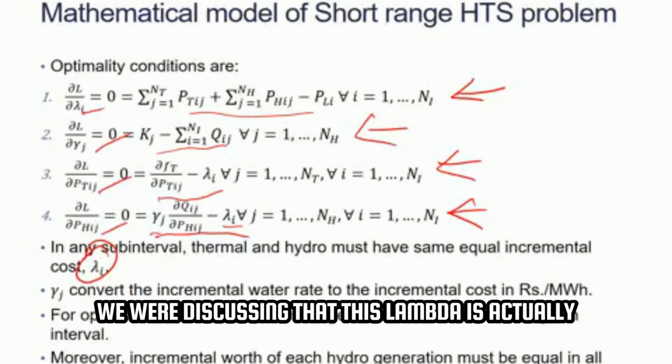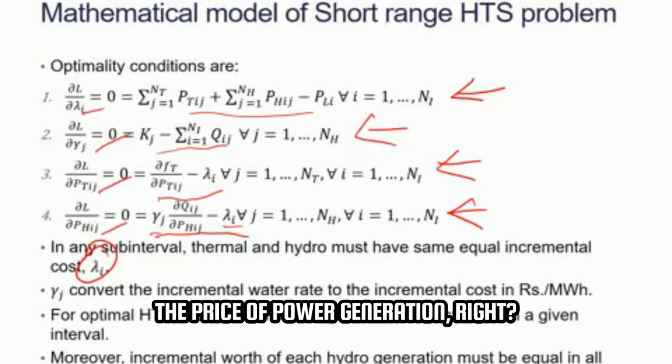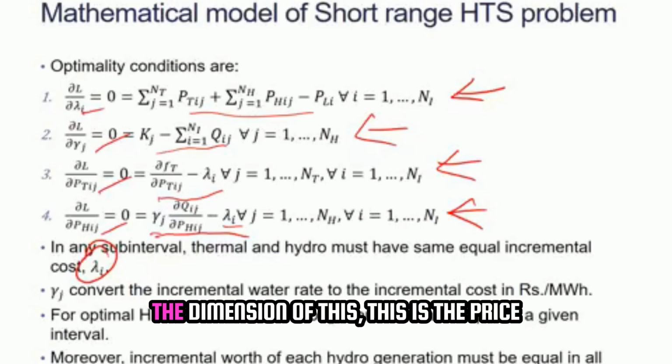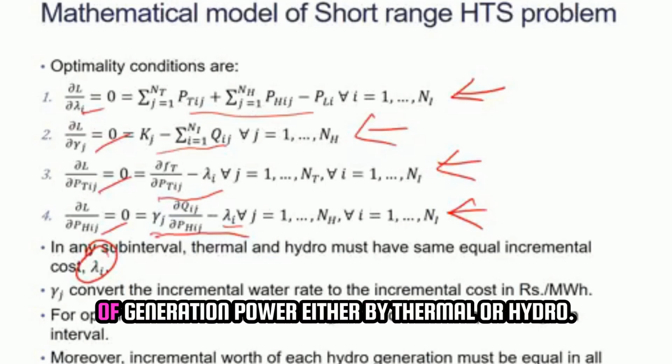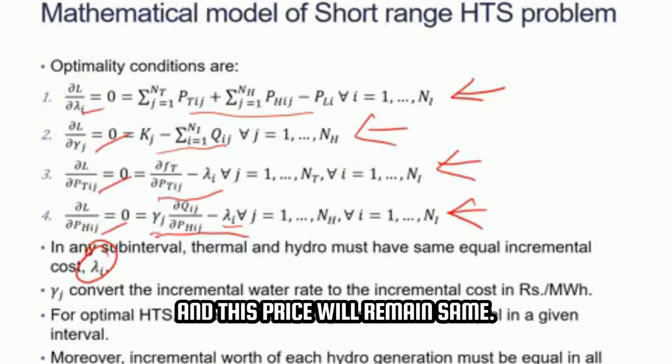We were discussing that this lambda is actually the price of power generation, right? It is in rupees per megawatt. The dimension of this is the price of generation power either by thermal or hydro, and this price will remain the same.